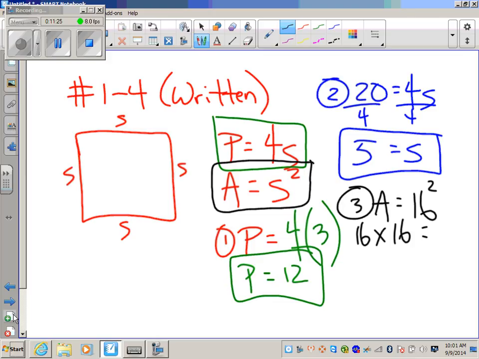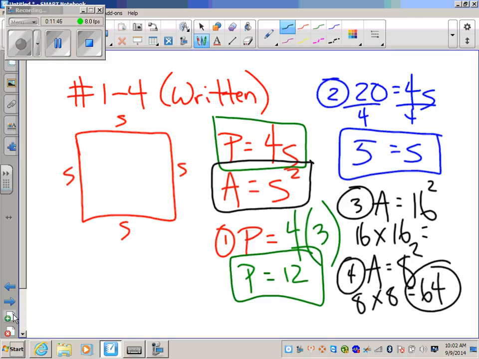Number 4 says, find A if S is equal to 8. Again, I'm going to use this one. 8 squared, which means 8 times 8. So 1, 2, and 4 have been done for you. You have to do a little bit of work to get number 3, but that's what you're going to do.